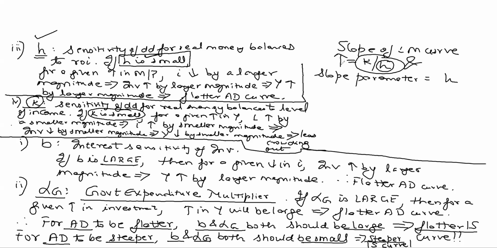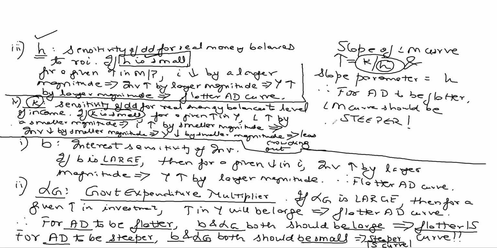K by H is large means a steeper LM curve. Therefore, for AD to be flatter, the LM curve should be steeper. That is, H and K both should be small.